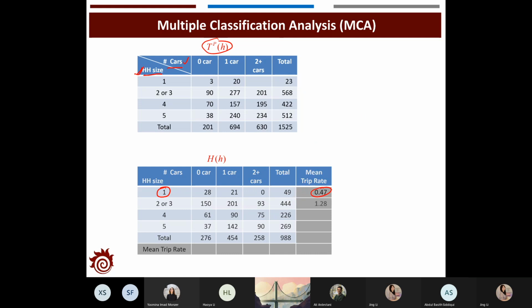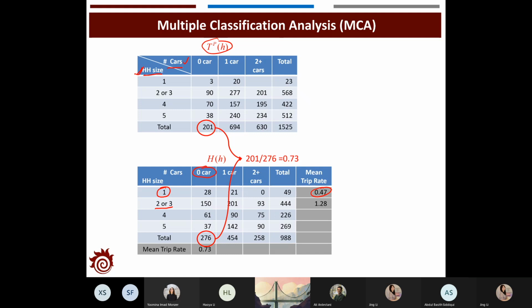And you can find the other values, for household size 2, that is 1.28, the ratio between the total number of trips, 568, and the total number of households, 444. Similarly, you can get the other group means. You can also calculate the group mean for the classification with respect to the number of cars.